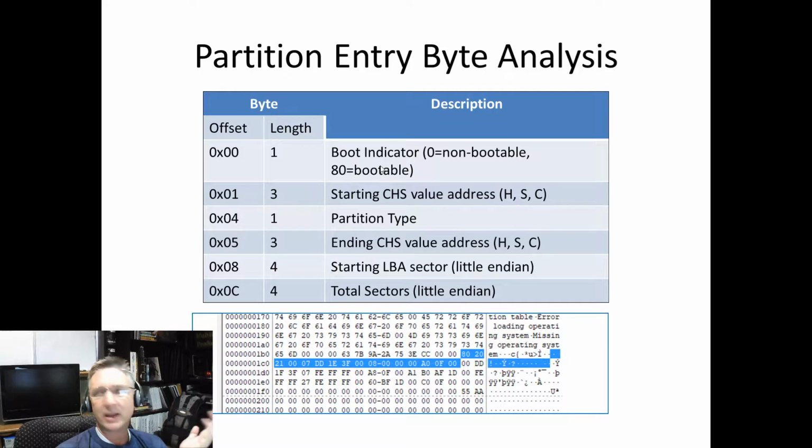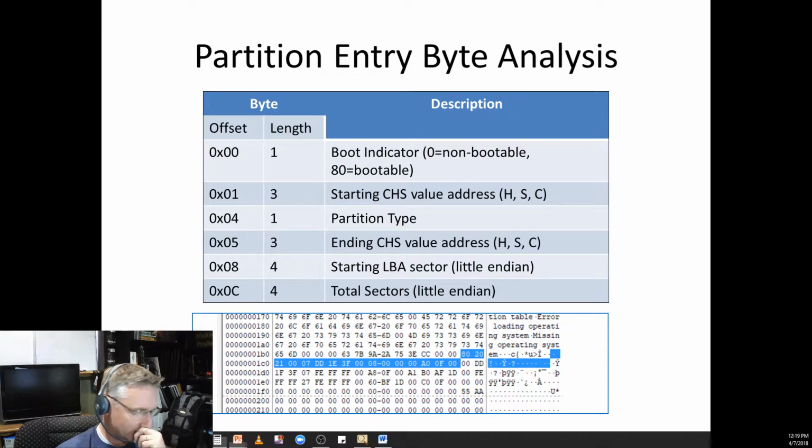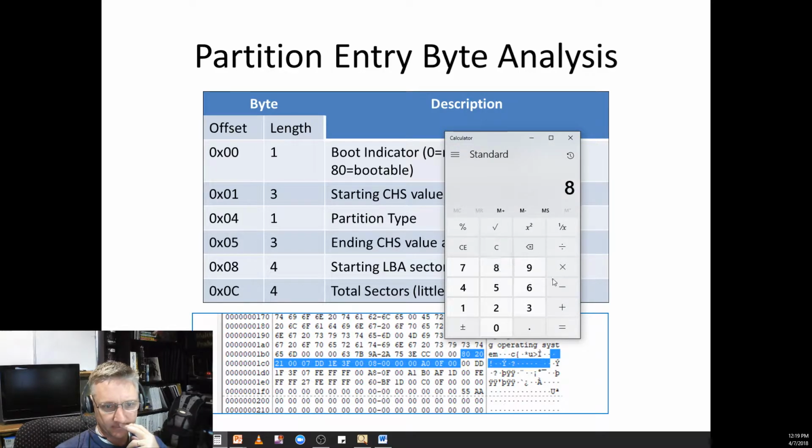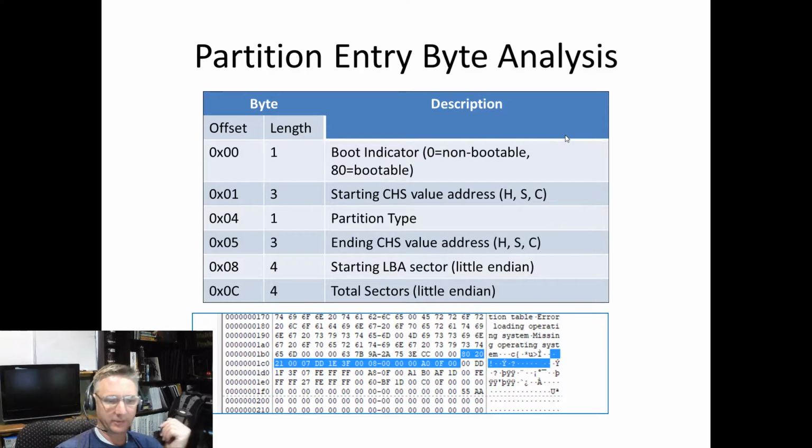I forget what hex 80 is. It's actually 8 times 16, which is, what's 8 times 16? 128. I should have known that off the top of my head. As I recall, there's some significance to why they decided to make 128 equal to bootable partition and 0 non-bootable.